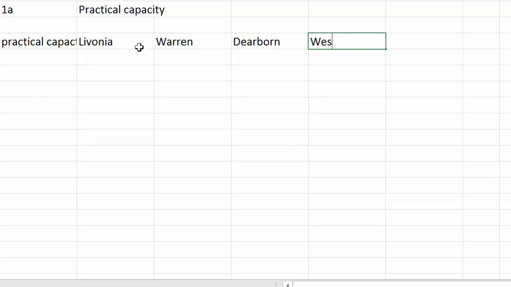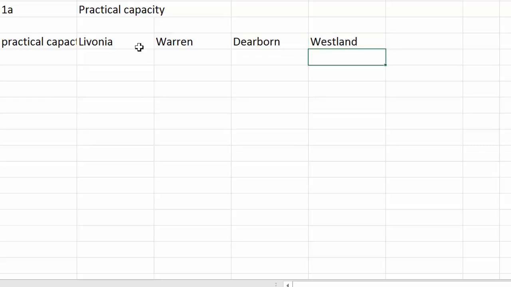Okay, so first of all, I'm going to look at 1A, if we are going to use practical capacity. So we're going to have the practical capacity in hours. We start with Livonia and Warren, and Dearborn and Westland.